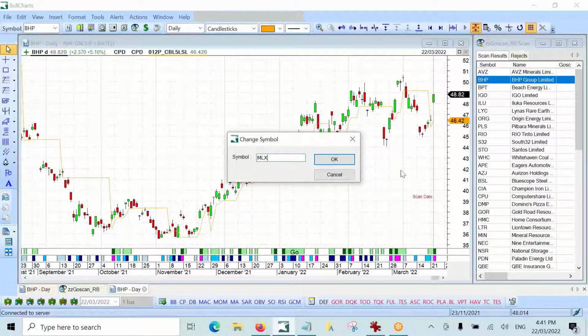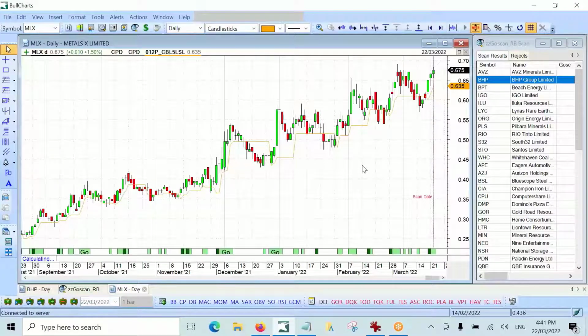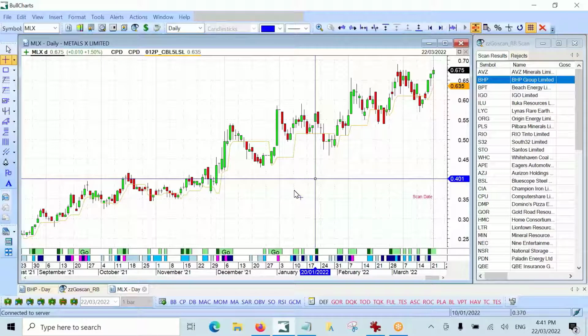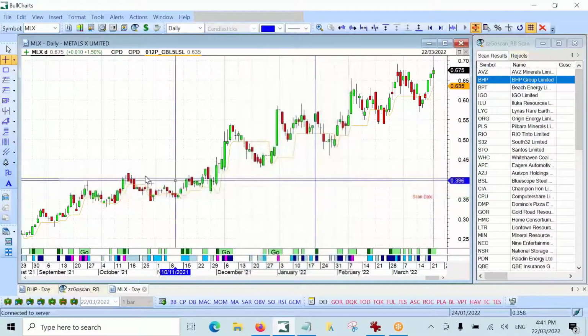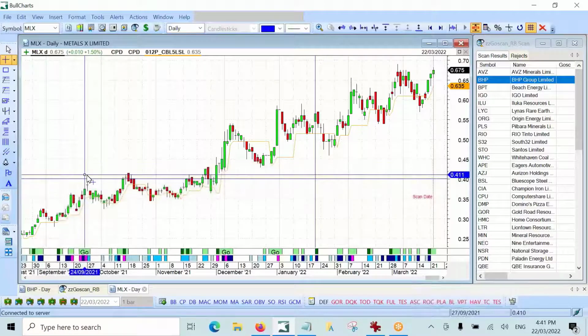Just see what it comes up with. There we go. At what stage would it look? A nice sort of breakout period here.